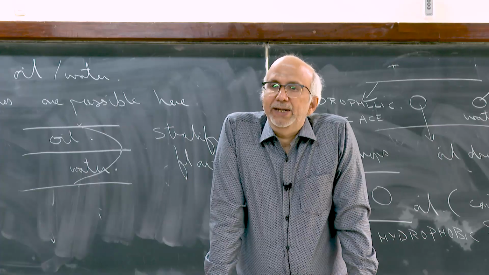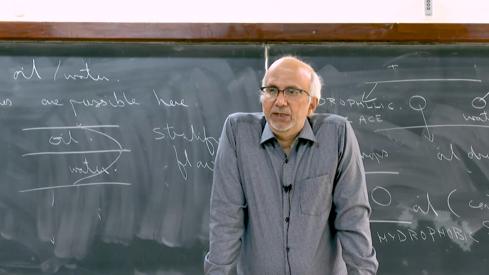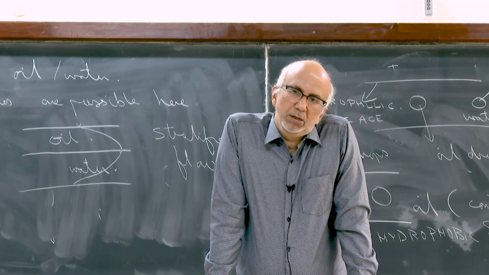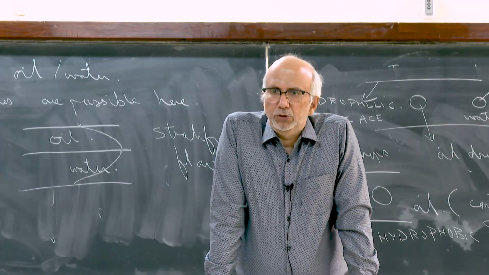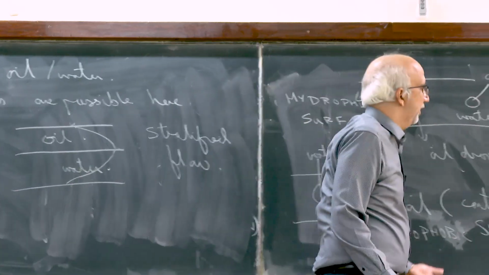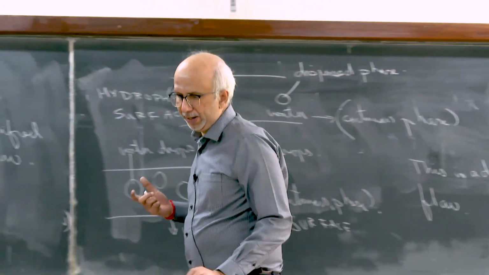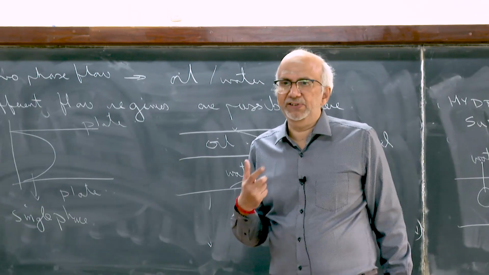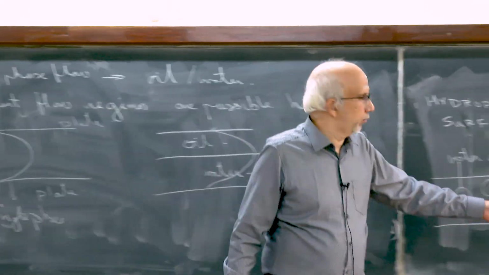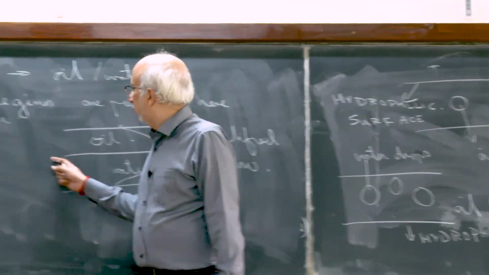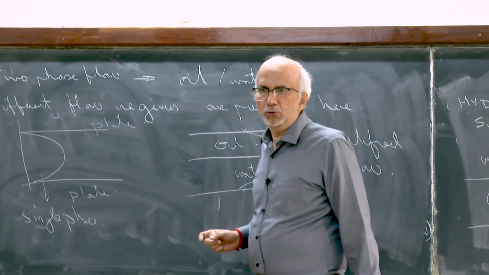That is what is going to decide whether I have stratified flow or droplet flow. So basically, this is decided by the magnitude of the interfacial forces. If interfacial forces are high, you will have droplet flow. If the inertial forces are high, you will get stratified flow.